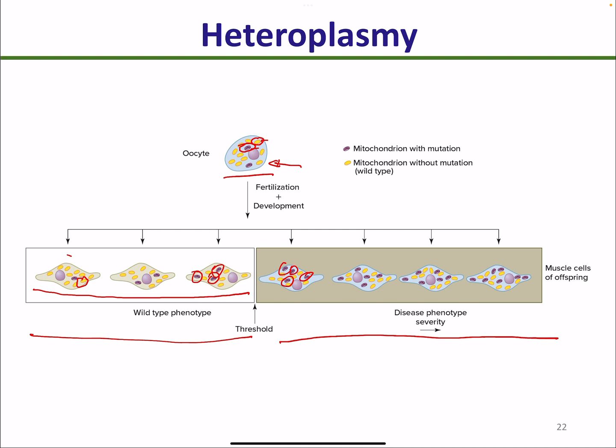But interestingly, the phenotype of mutation is going to be expressed with a different level of severity. Okay? With the low copies here being less severe than the most copies here. And this is what we call heteroplasmy.